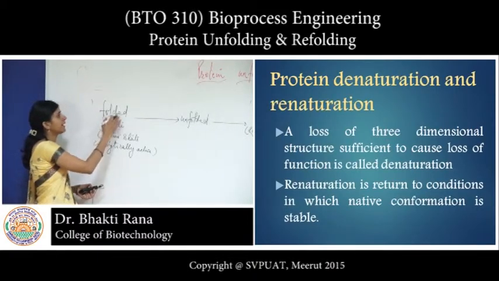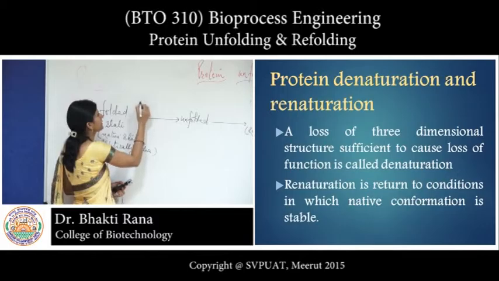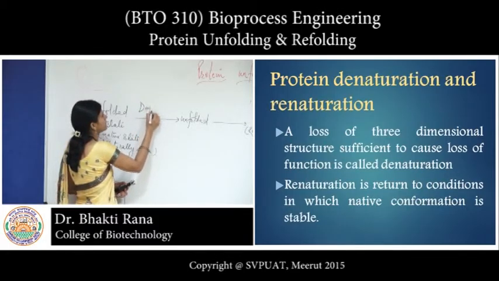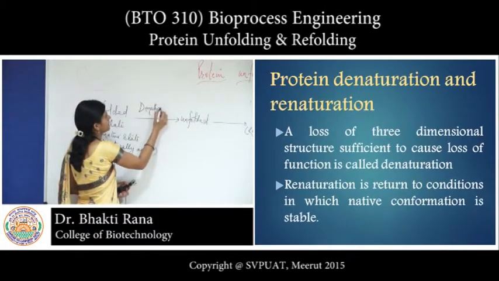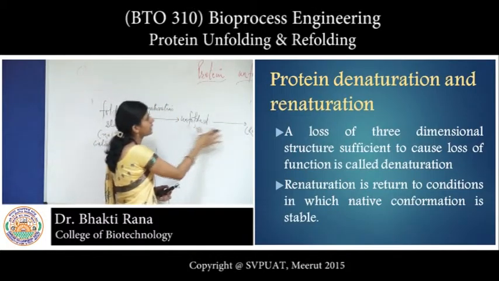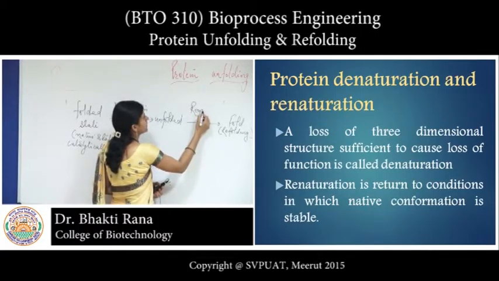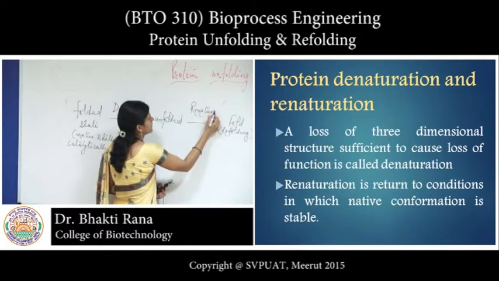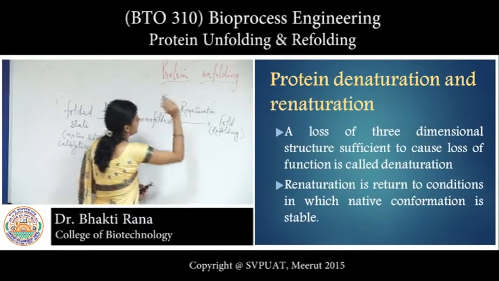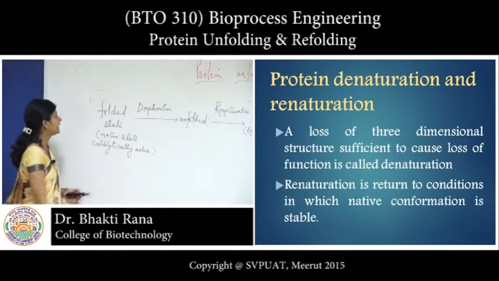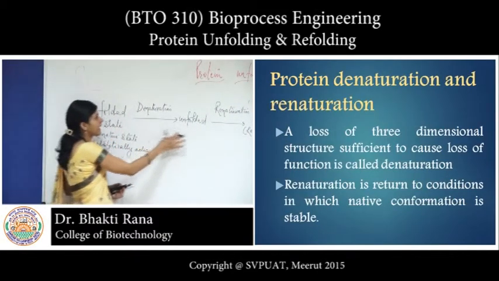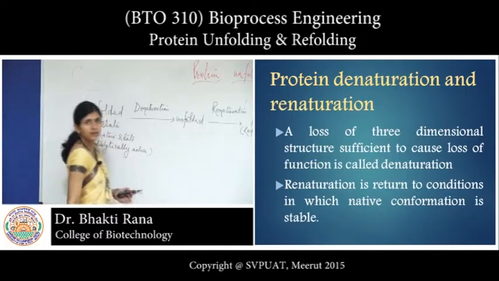When the folded state unfolds, it is known as denaturation. And when this unfolded protein refolds, this is known as renaturation. But you should remember that when a protein unfolds, it is not going to refold completely.